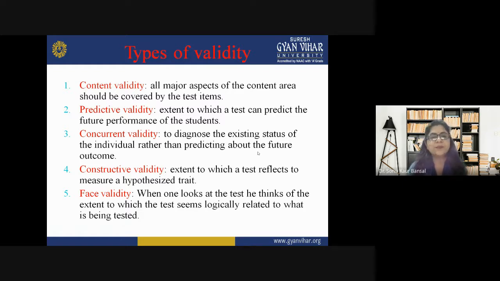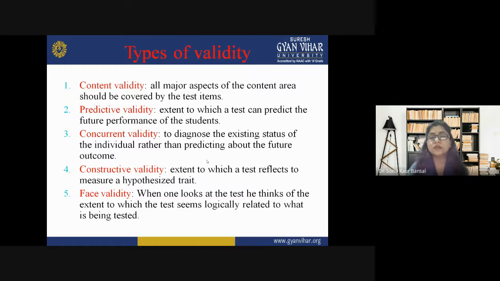Then the third type we are going to discuss is concurrent validity. Concurrent validity is to diagnose the existing status of an individual rather than predicting the future outcome.